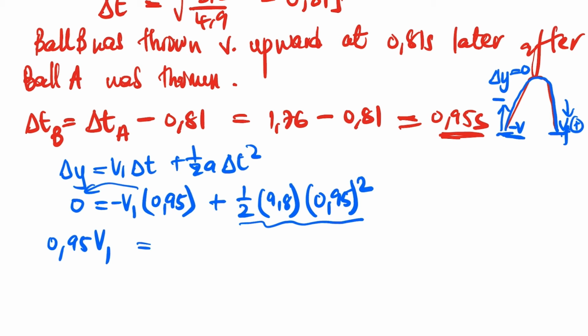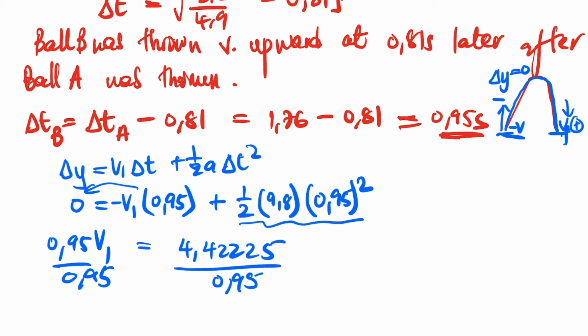So basically we have half times 9.8 times 0.95 squared. So the answer will be 4.42225, and then we divide by 0.95.